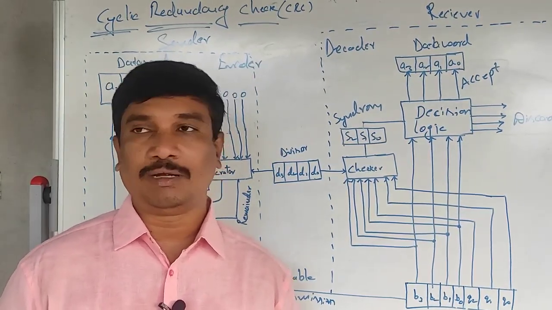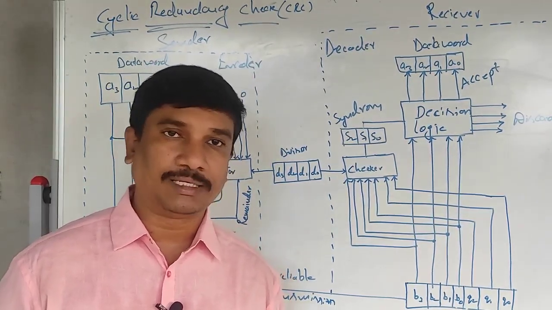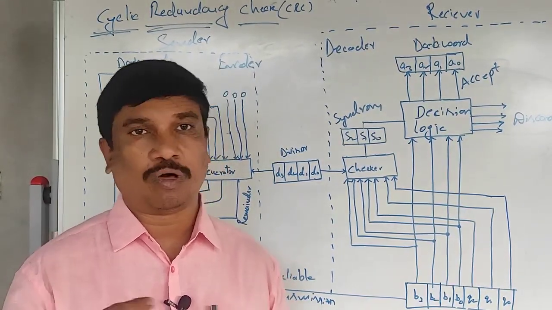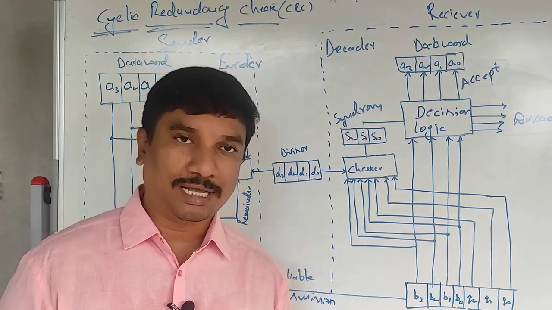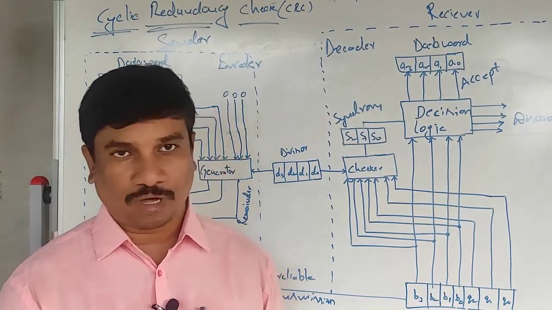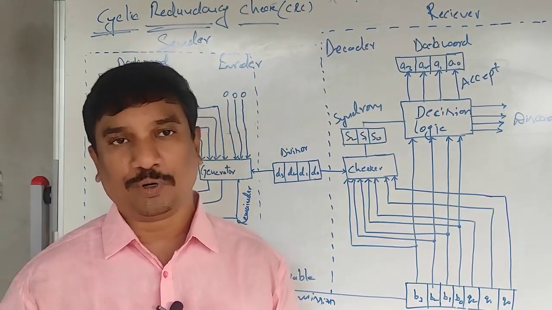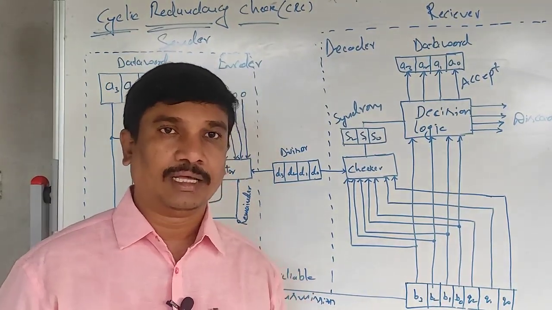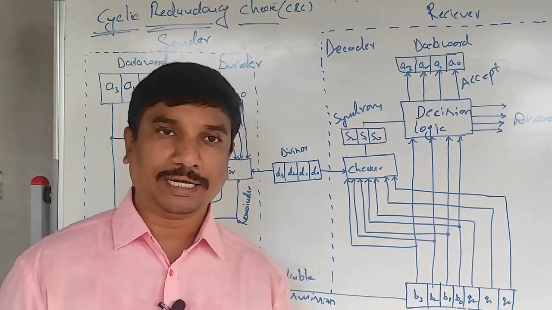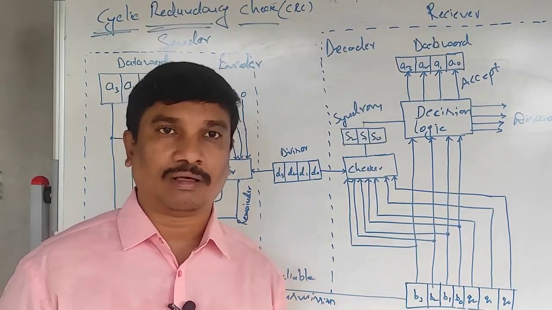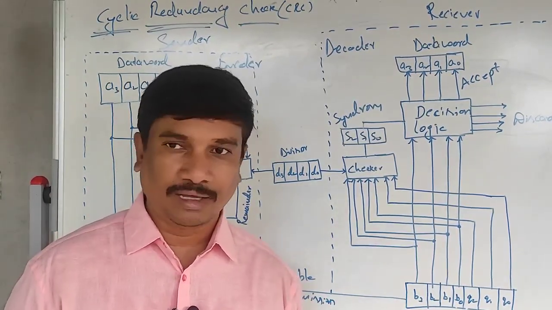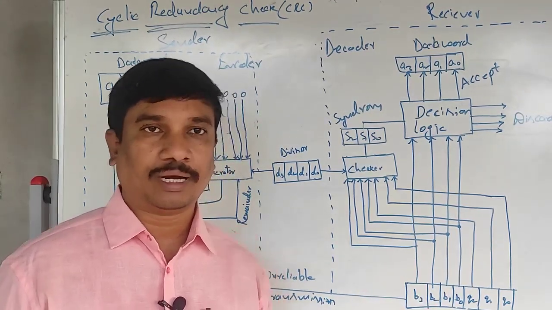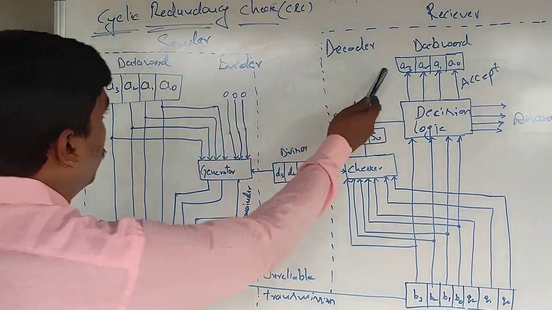A multiplexer takes n inputs and produces only one output, whereas a demultiplexer takes only one input and produces n outputs. The encoder takes 8 inputs when the selection bits are 3. So we need 8 inputs for the encoder.